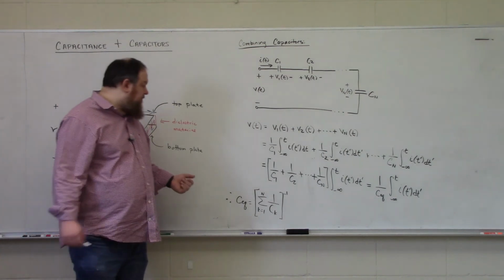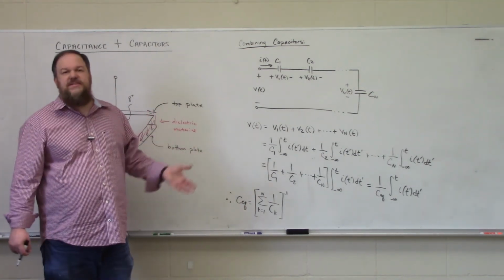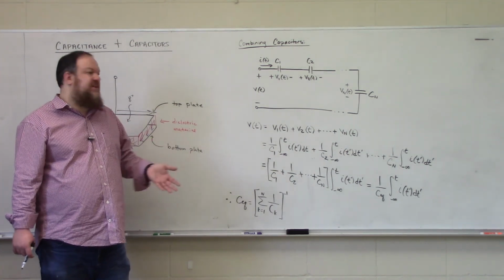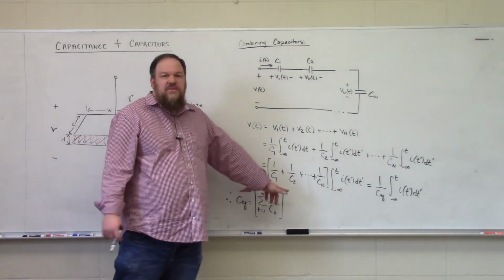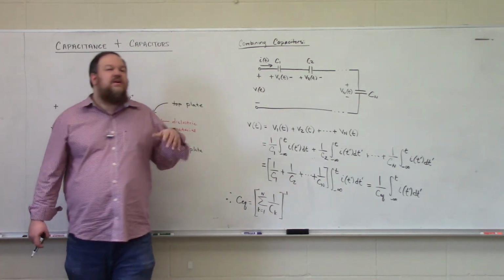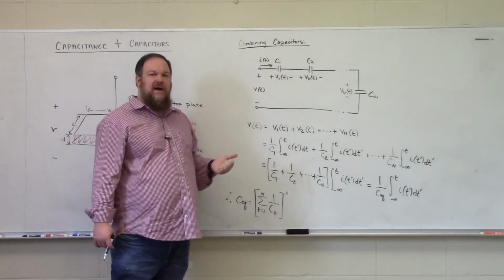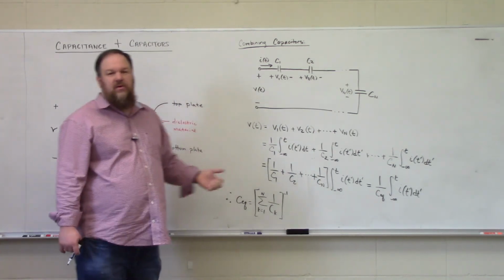So effectively, this is extraordinarily similar to what we would see if we were combining resistors electrically connected in parallel. We add the reciprocals and then we take the inverse. This is the exact same thing we're observing here. So we can say that capacitors in series combine like resistors in parallel.